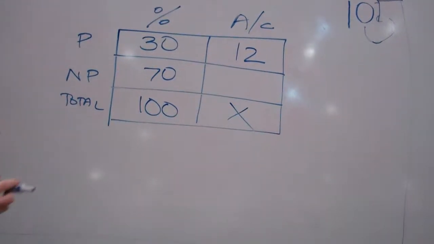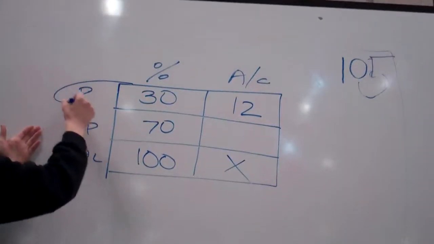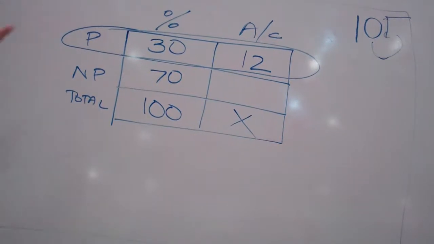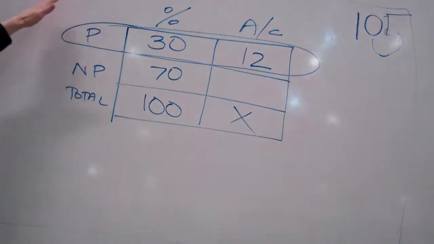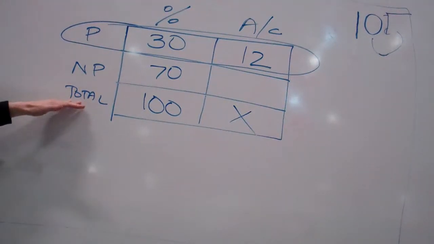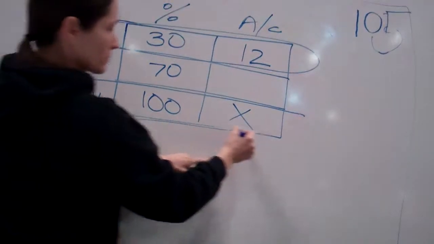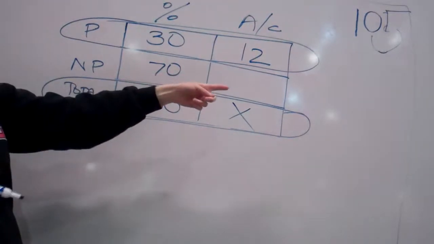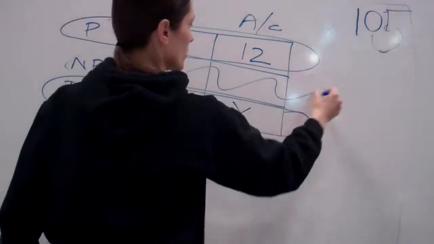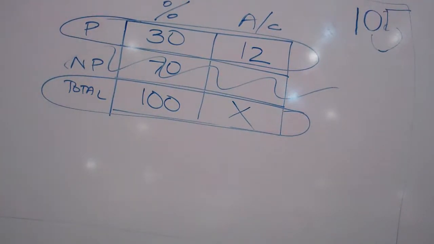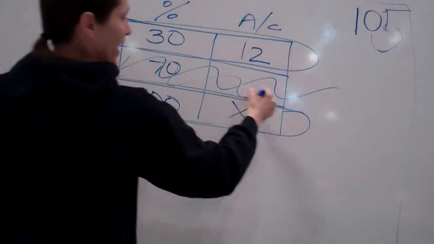What you're going to do is you're going to take one row that you know everything about. And that's the row that I know everything about. Then I'm going to take a row that I want to know the answer about. Do I need this row? Not at all. I can just scratch it out, because there's another X.